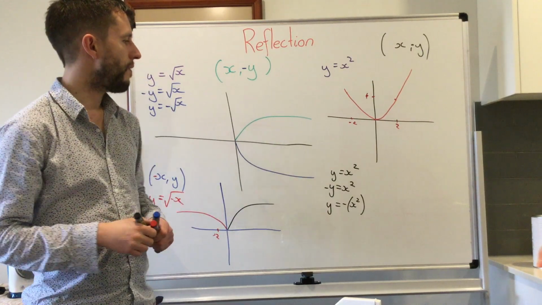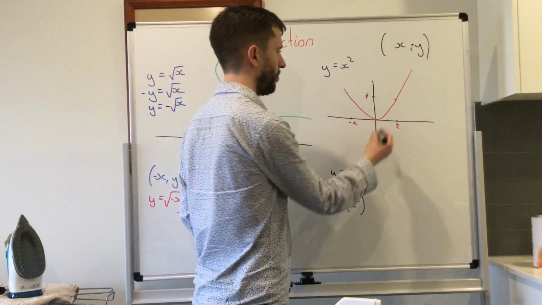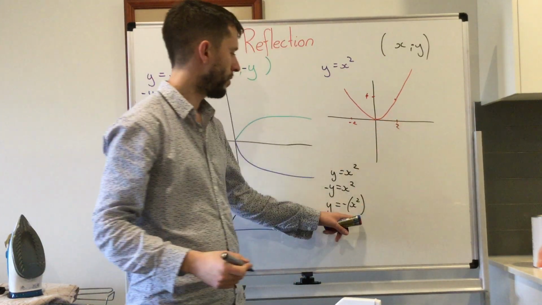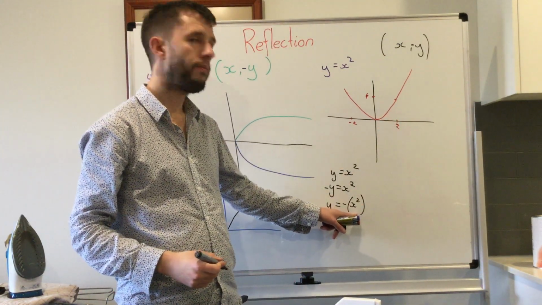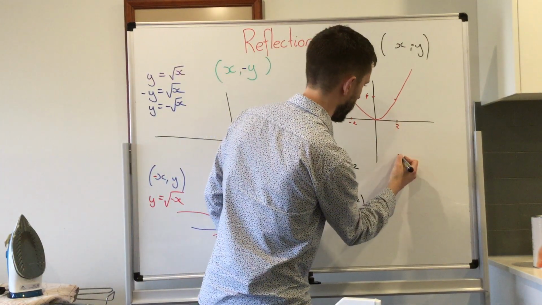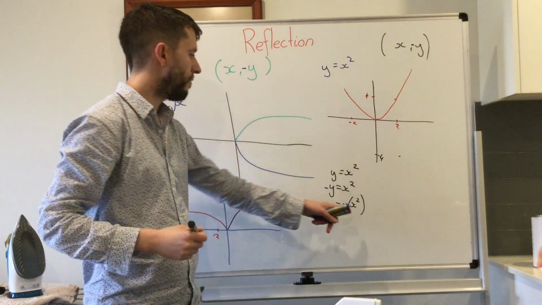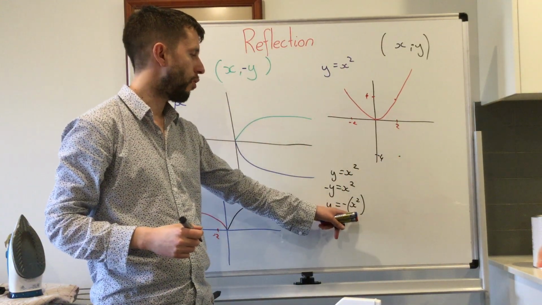So if we have a look at that, let's graph that. So if x is 2, 2 squared, 4, negative 4. Negative 2, negative 2 squared is 4.